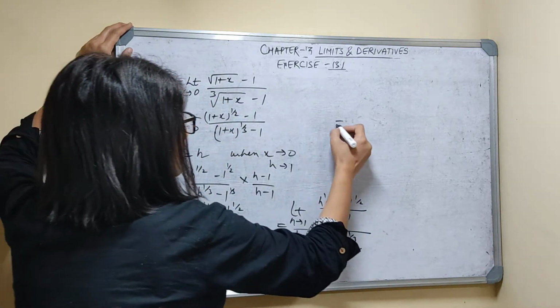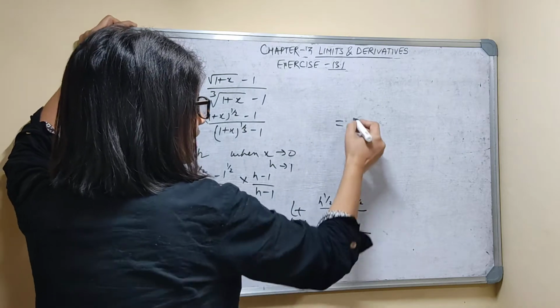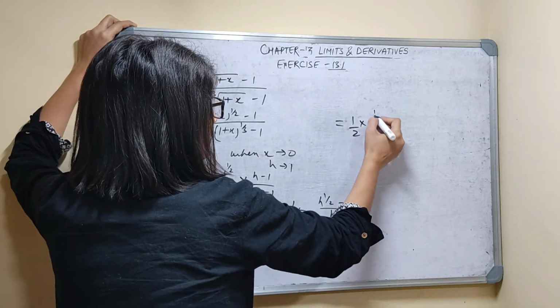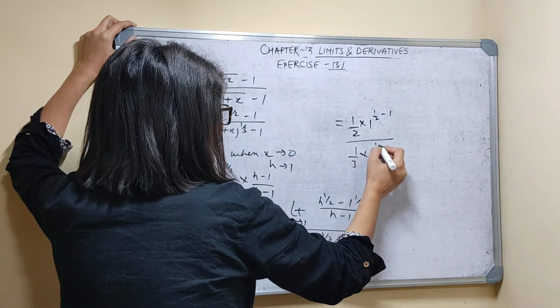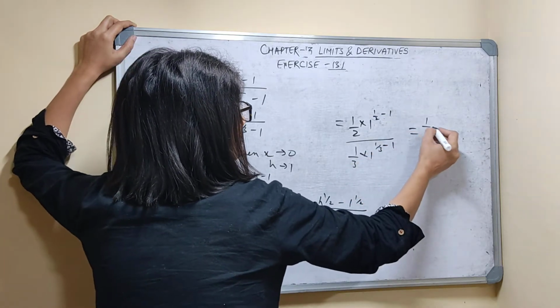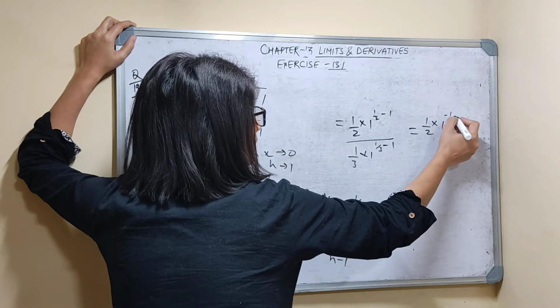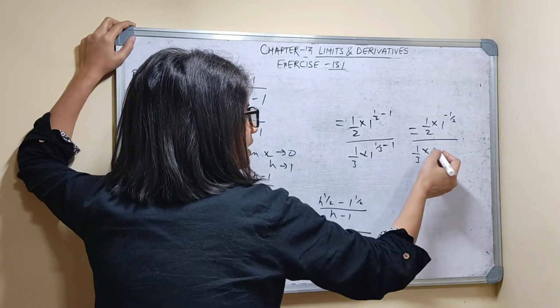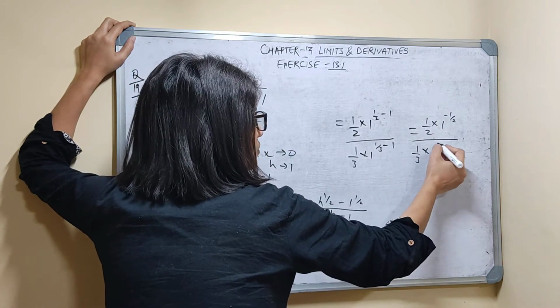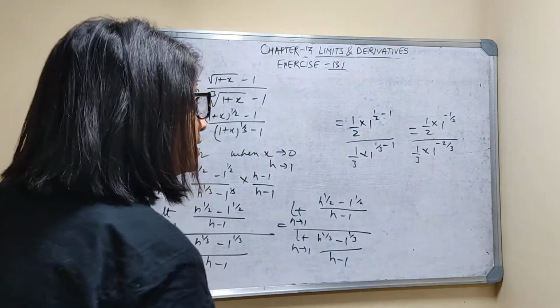So you can see here it will be n a power n minus 1. So 1 by 2 into 1 power (1 by 2 minus 1) upon 1 by 3 into 1 power (1 by 3 minus 1). So here it is 1 by 2 into 1 power minus 1 by 2, upon 1 by 3 into 1 power (1 minus 3) by 3, so minus 2 by 3.